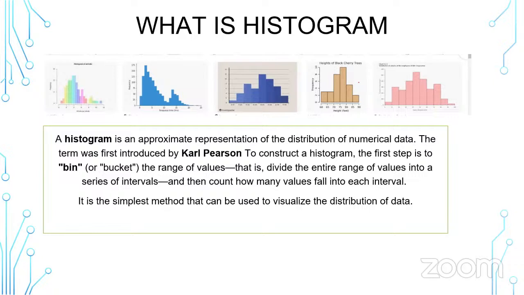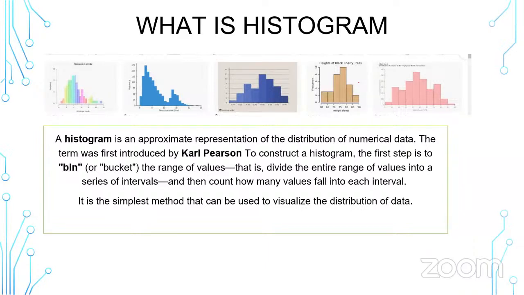So this is the histogram, and here you can find out the frequency. So this is the frequency, and particularly in this bin. So this is the bin. Okay, 1, 2, 3, 4, 5, 6.